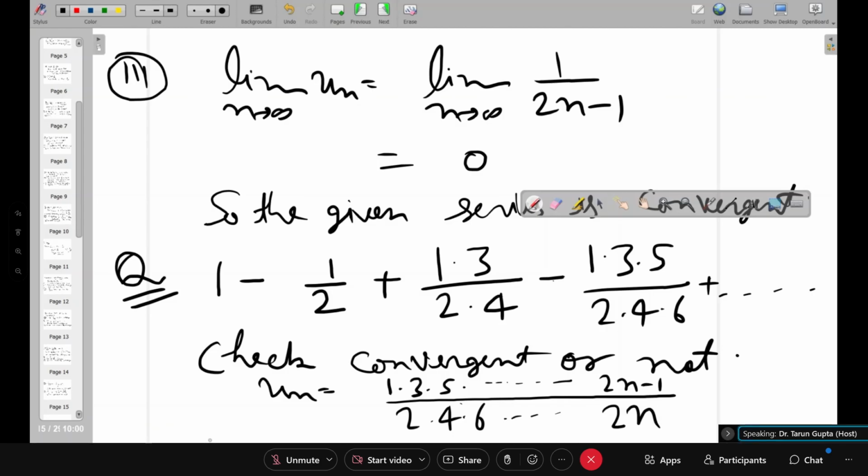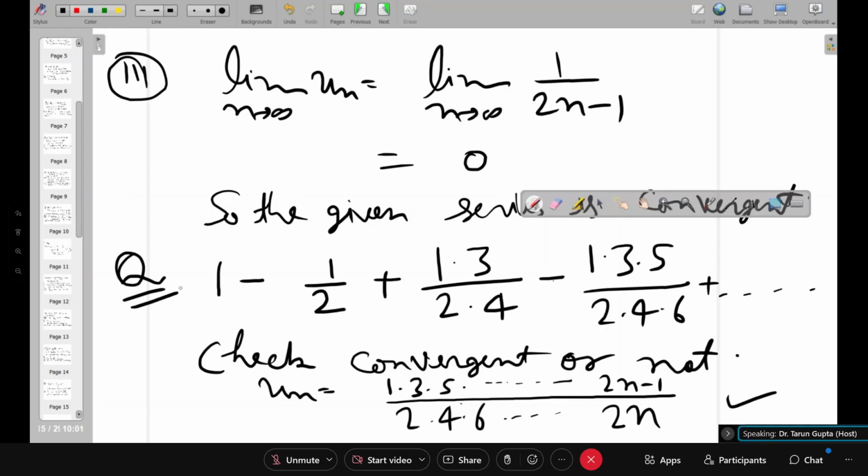This you can take as our un. By neglecting one term, the behavior of the series will not change. You can take another un also by taking the first term, but I am giving this simple un. Now alternate positive and numerically decreasing is there.